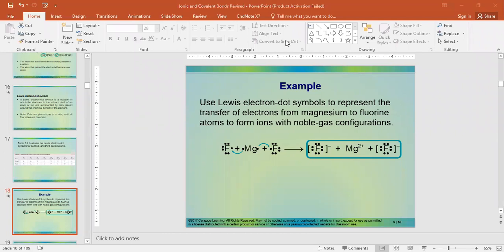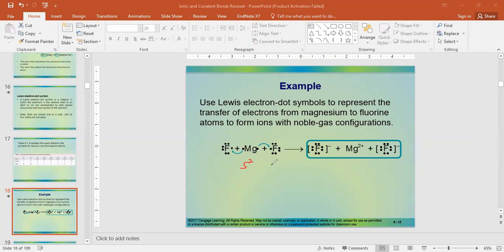So you know that this magnesium that you see here is an s2. And the fluorine that you see here is s2p5. Let me do away with this so that I can write well. This is an s2 configuration.